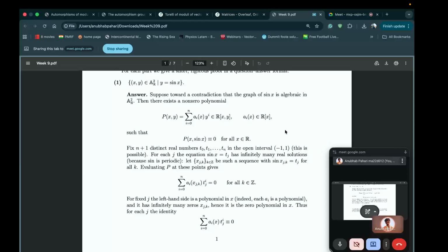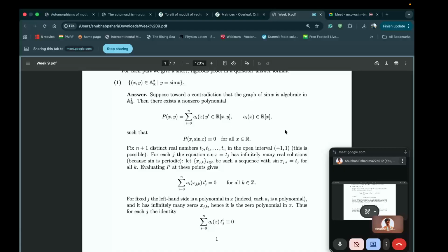This implies that it is a zero set of a polynomial or some polynomials. Then there exists a non-zero polynomial p(x, y) which equals the sum of a_i(x) y^i.